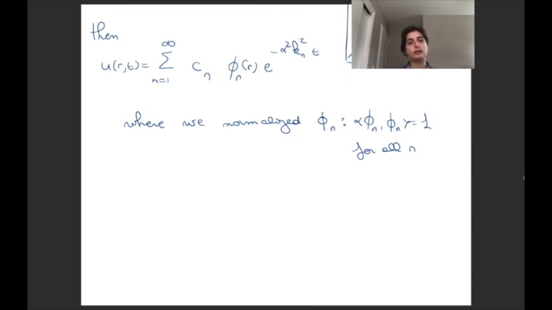Then we know that our full solution can be written as an infinite sum of C_n times phi_n times the exponential of minus alpha squared k_n squared t.